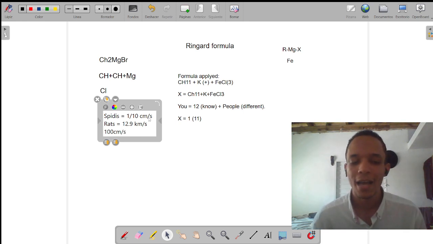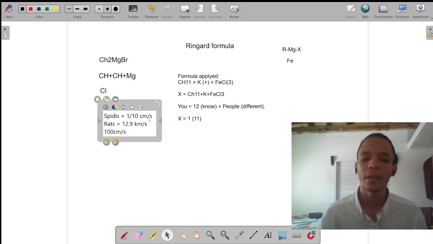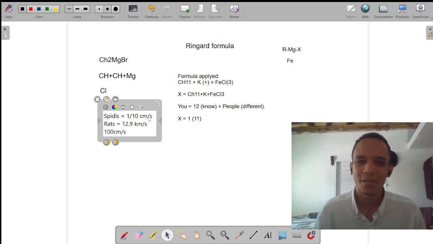Because actually each kilometer in this location is just divided by 100, and it means that rats can run 100. Actually, if I want to put it super exactly, it's something like this, but it doesn't have super importance right now.